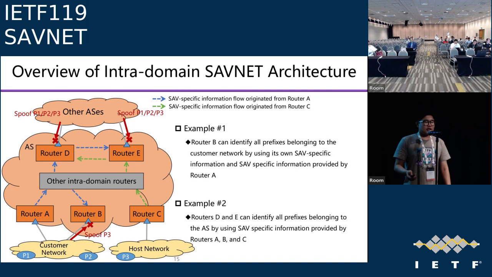And router D or router E can identify all prefixes belonging to the AS by using SAV-specific information provided by router A, router B, and router C, and then achieve accurate SAV filtering at interfaces facing another AS.